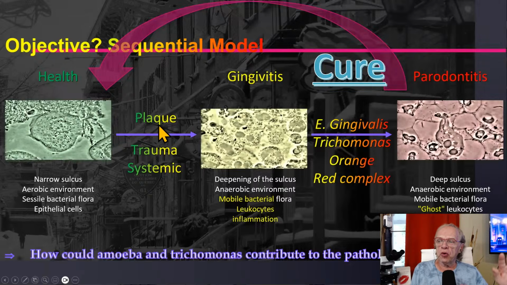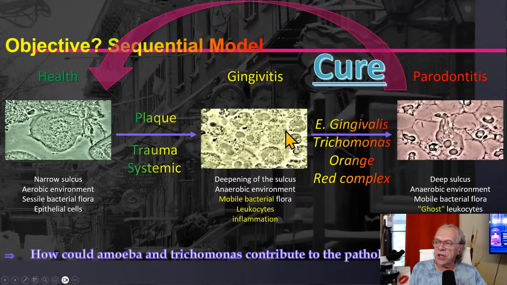If you have too much plaque, or trauma, or systemic disease, or whatever, then you have gingivitis. In this situation, you have more spirochetes, motile bacteria, and then you have neutrophils coming in, helping your body for defense. But if you don't clean this gingivitis, which normally is quite easy, then you find some amoeba, Entamoeba gingivalis, or sometimes trichomonas, which are very aggressive parasites.